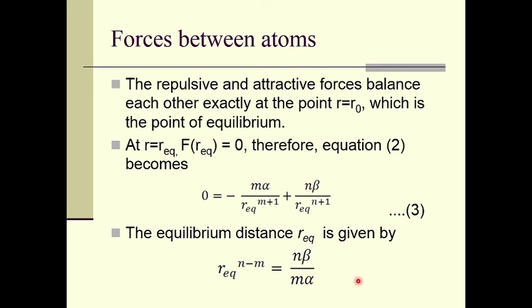This equation, let us call it equation number 4, gives us the equilibrium separation between the two atoms. So we can use this equation to easily find the equilibrium separation between the two atoms where the bond is formed.